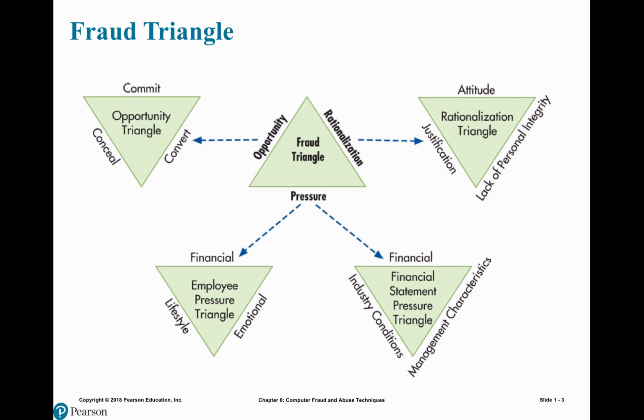We as auditors cannot control the pressure or the rationalization because this is in the minds of the individuals or the corporation. But what we can do is reduce the opportunity for the fraud to zero or a very minimal opportunity for committing the fraud. Because we know if the three elements exist, then the fraud will happen.